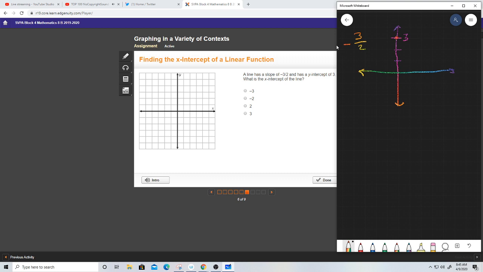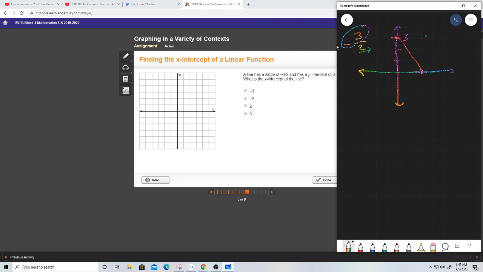And how we do this, I'm gonna go slow, but all it tells us is that the denominator, the bottom number, says go right that many times. So from here, go 1, 2, put a little star next to it, and then this says down 3. So from where we left off, down 1, down 2, down 3, and now we have a line.